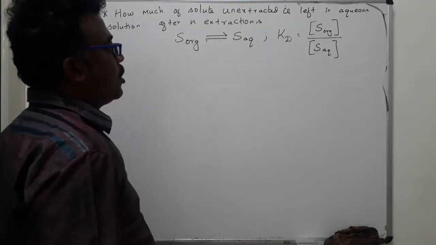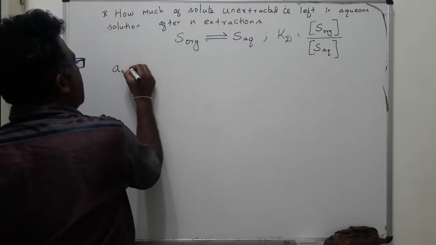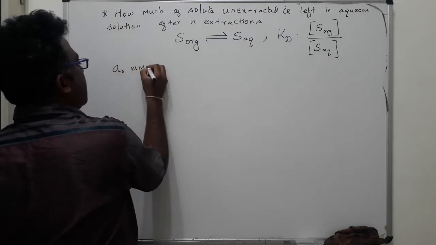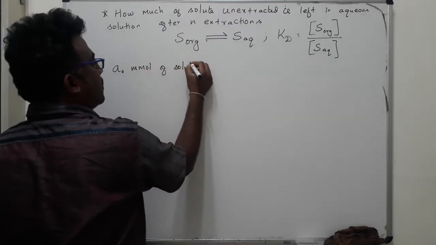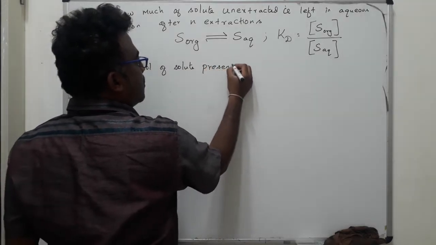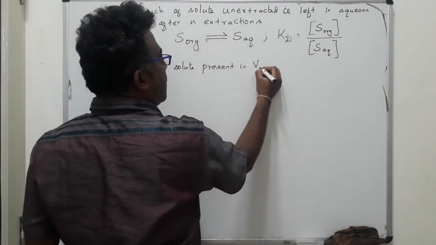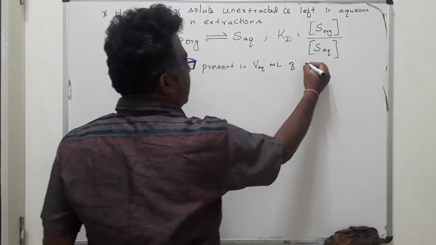Now you have A0 millimole of solute present in V ml of water.